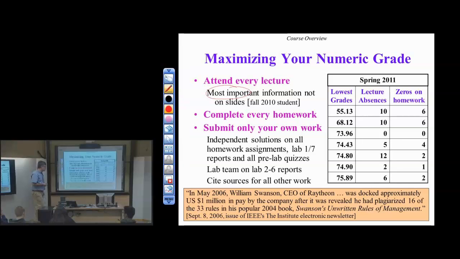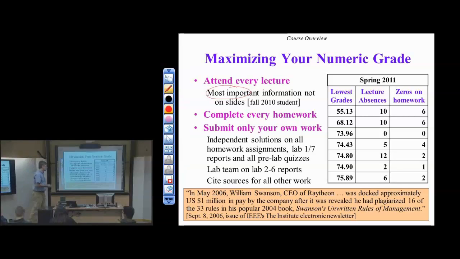Probably not a surprise. Last thing to cover here on this slide is just to make sure you do your own work. So if you're a lab team, it's the two of you together on the lab report. And it's important to cite the sources for other work. I try to do that in my slides as best I can. So here and on homework, it's okay to discuss solutions with each other, but make sure you turn in your own independent solution on the homework.